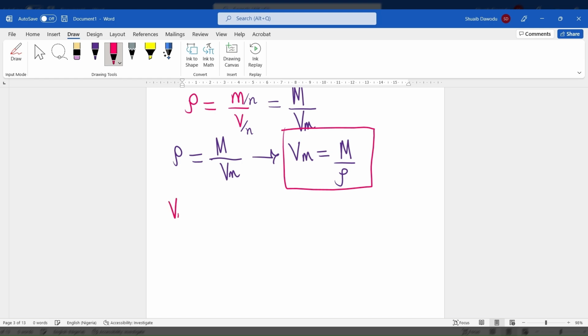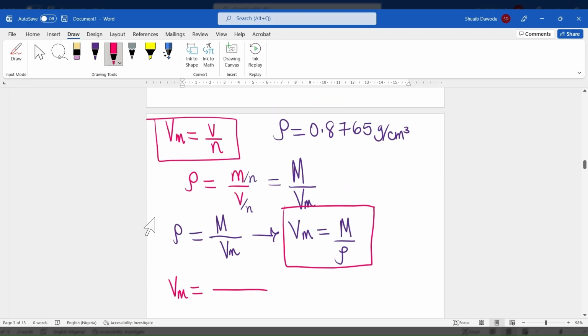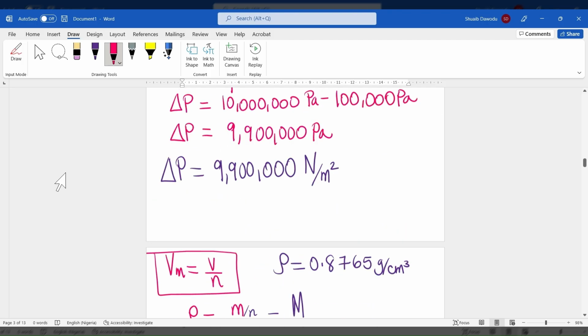So for molar volume, we have molar mass and we have density. We already know what our density is, right? What did we say our density was again? Our density was 0.8765 gram per cm cube. And we know our molar mass to be what? Well, we don't actually know the molar mass because it's not given.